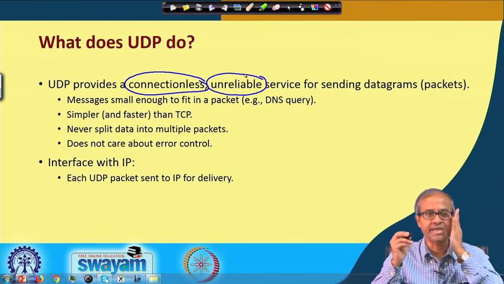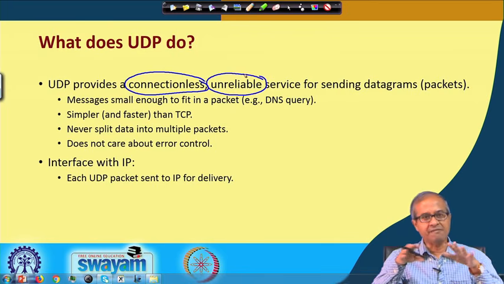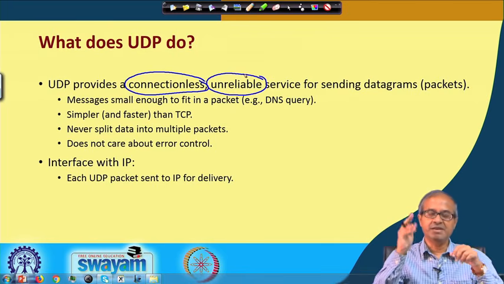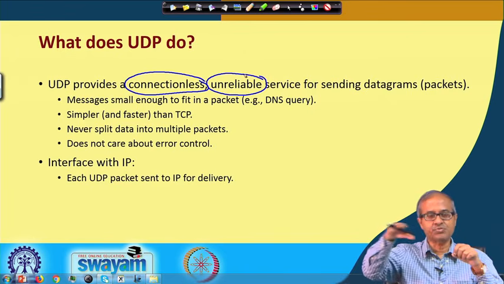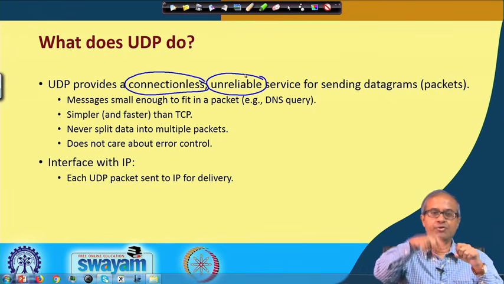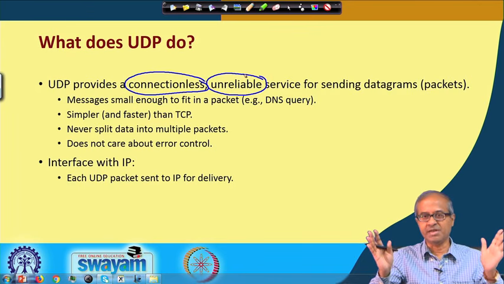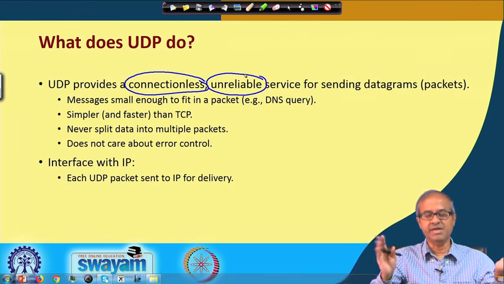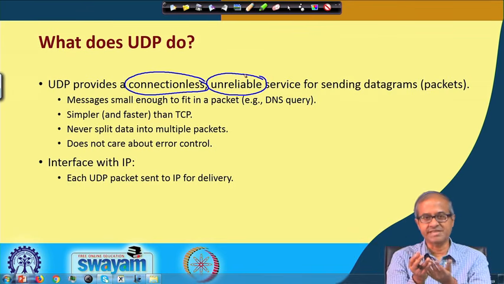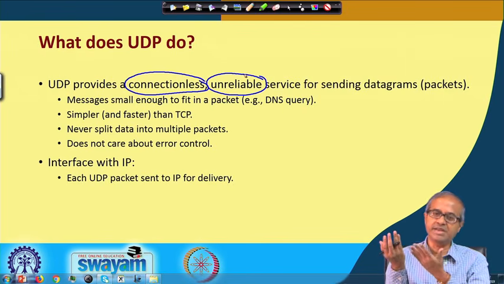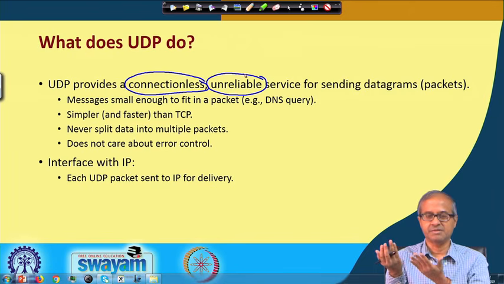That means you can say UDP and IP are very similar. It just provides a transport layer interface to directly interface with IP. It does not provide any reliability like TCP. It does not order the packets like what is done by TCP. It simply receives the packet as it comes.